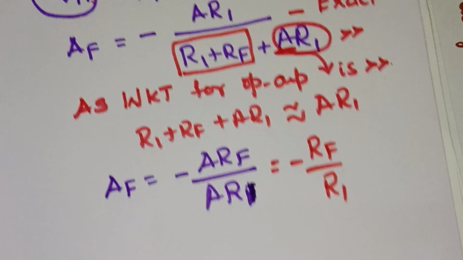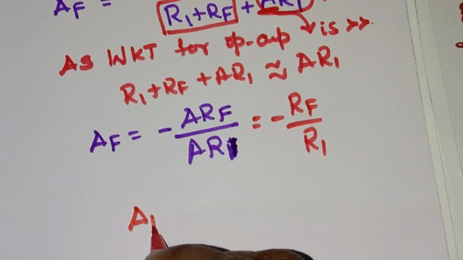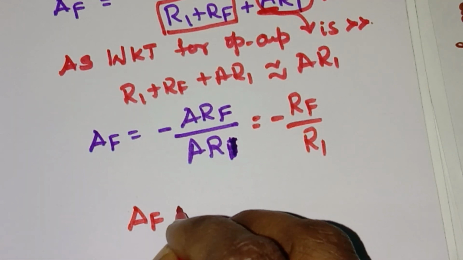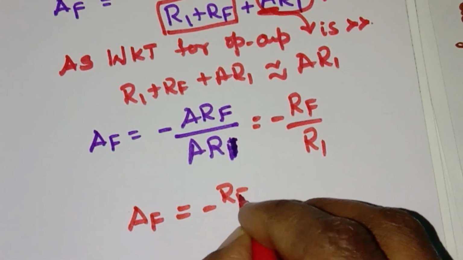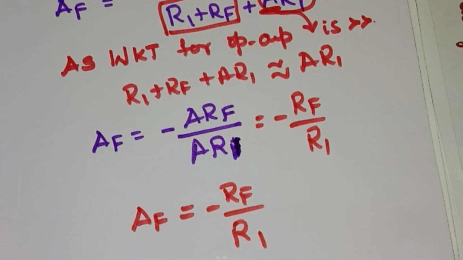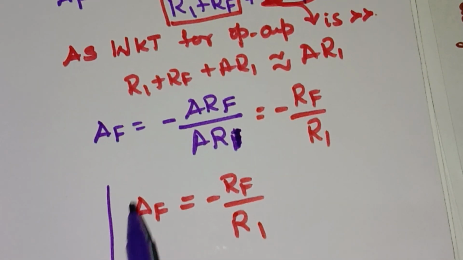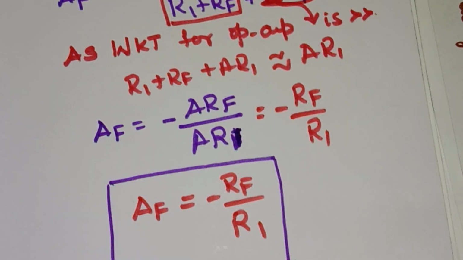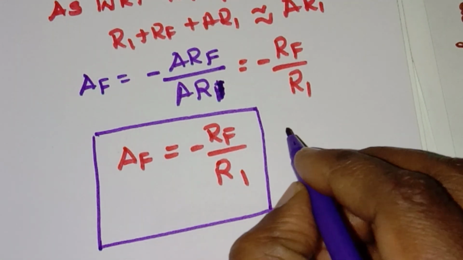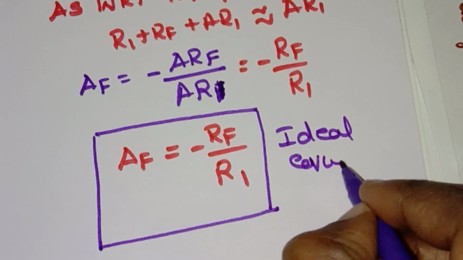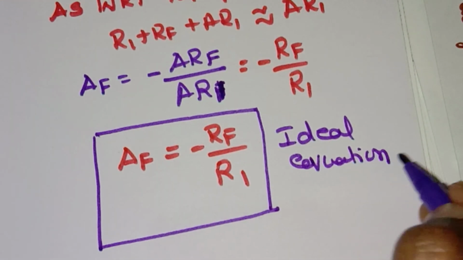So finally, AF, that is the closed loop operational amplifier gain, is equal to minus RF divided by R1. This equation is called the ideal equation for the inverting operational amplifier.